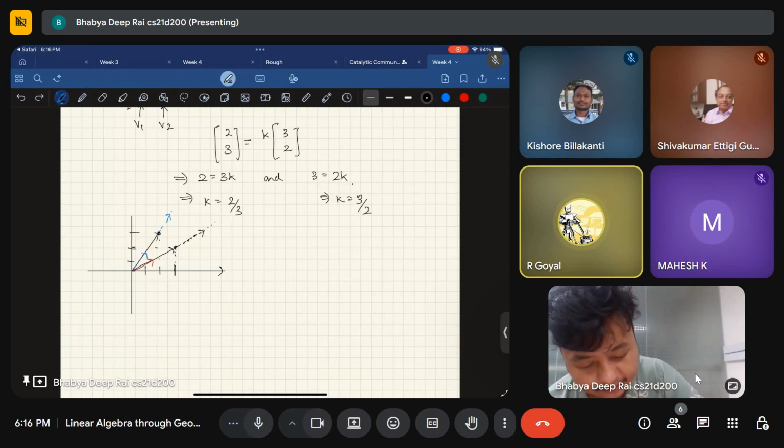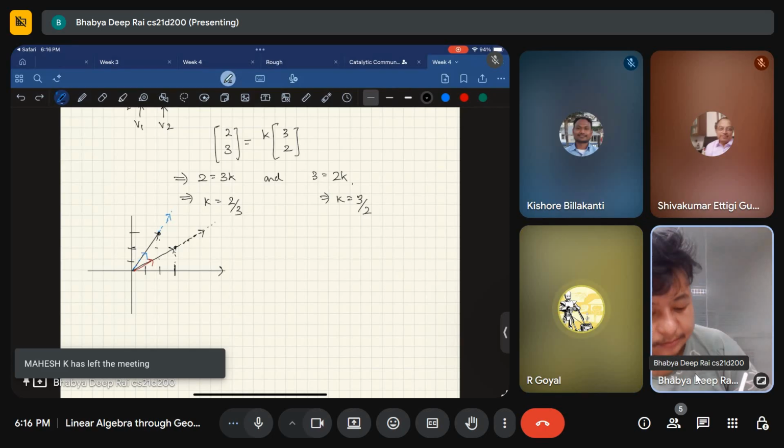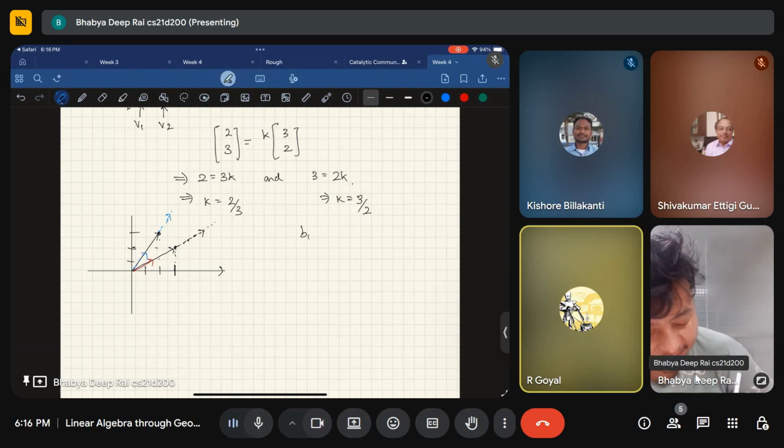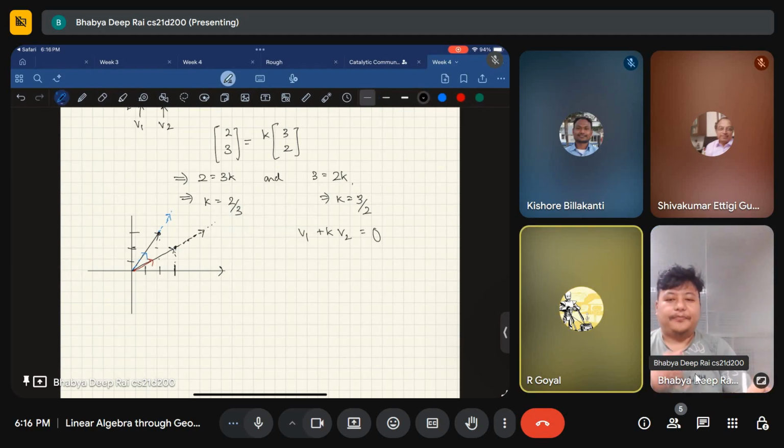So v1 plus kv2 is equal to 0, and this can happen if and only if k is equal to 0. Say it again. So we can write v1 plus kv2 is equal to 0. Let us assume v1 plus kv2, like this. V for vector.